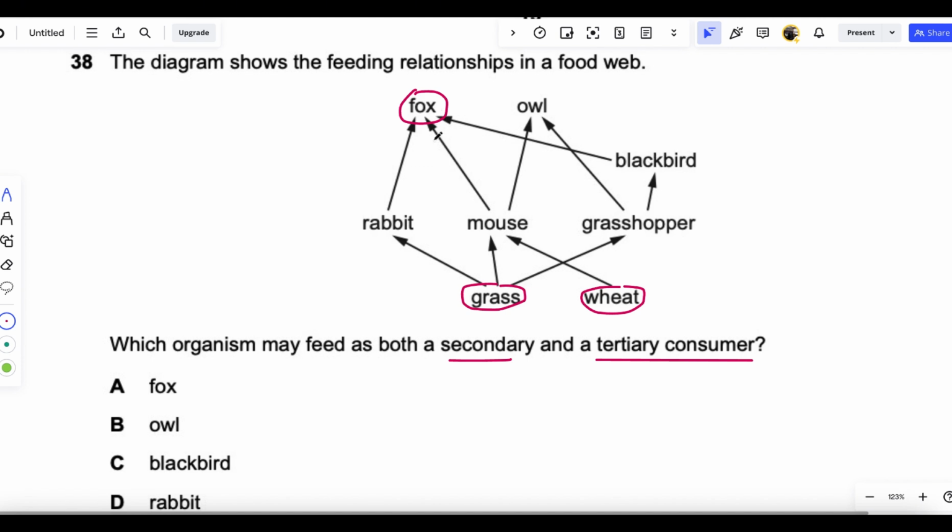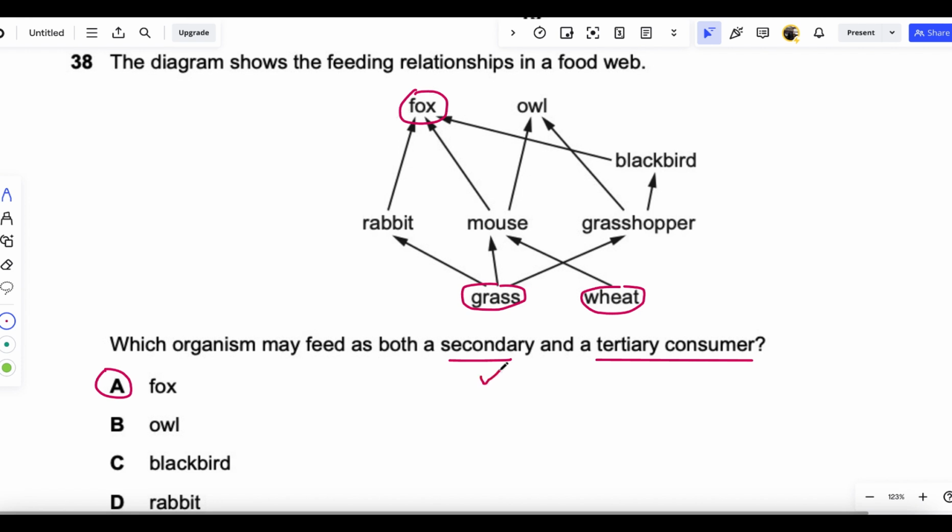If you go through this route, it becomes fox. See, this is producer, this primary. Let's look at the first branch. The rabbit is the primary consumer, and the fox becomes a secondary consumer.